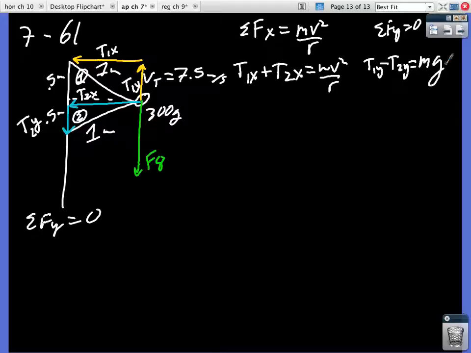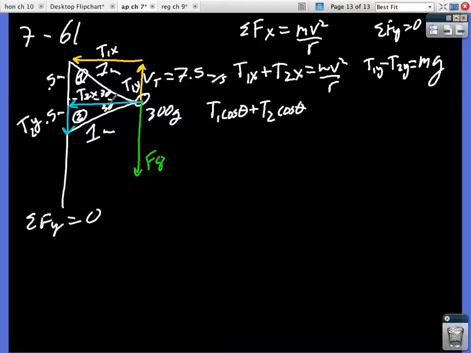Now, that's an equilateral triangle, which means every angle is 60 degrees. So then these are 30-degree angles right there. T1x would be T1 cosine theta plus T2x, which is T2 cosine theta.